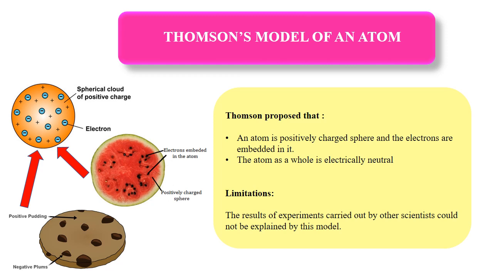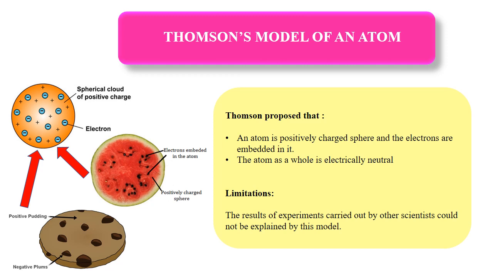We can also compare this to a watermelon. The positive charge in the atom is spread all over this red edible part, while the electrons are studded in this red part like the seeds in the watermelon. Hence, overall Thomson proposed that an atom is a positively charged sphere and the electrons are embedded in it.